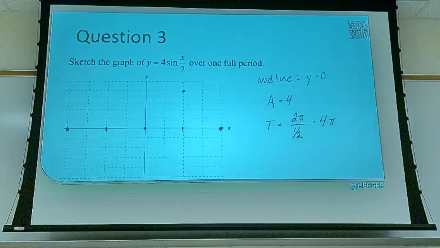Pi will result in a max. Minus pi results in a min. So we go down to -4 at negative pi and up to +4 at pi.